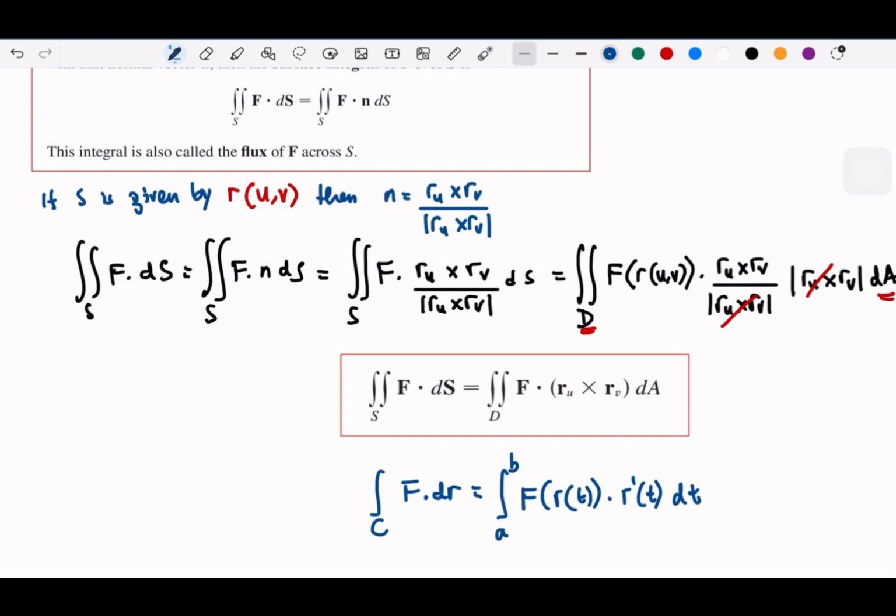But the difference is that because we are dealing with a 3-dimensional surface, we need to know the orientation, and we need to dot with the normal vector, which depends on the cross product of the partial r with respect to u and v. Otherwise, this is very similar.